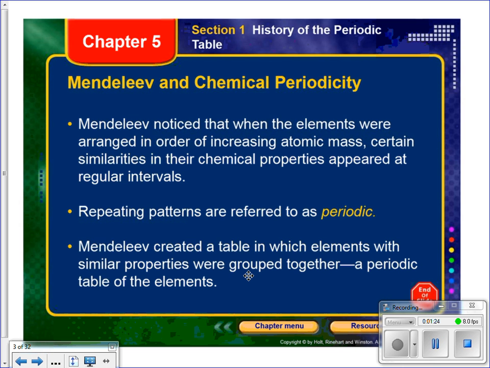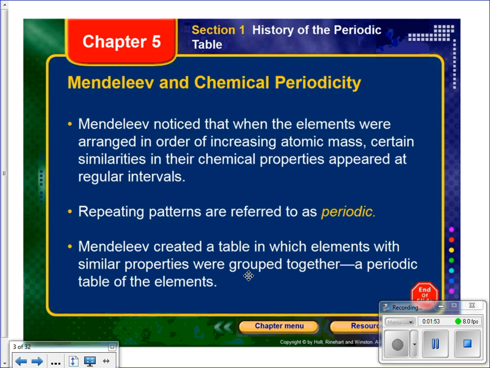But another thing that Mendeleev did, his periodic table was vertical instead of horizontal like ours. So instead of going from left to right, his went from top to bottom. But one thing that we'll notice in the periodic table is the actual word periodic. So it means a repeating pattern. So it doesn't matter what you call that chart of elements, it has to have the word periodic in it.